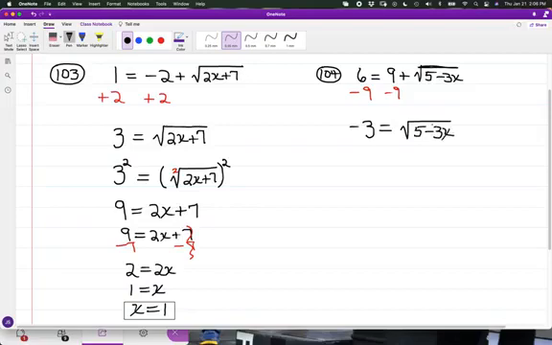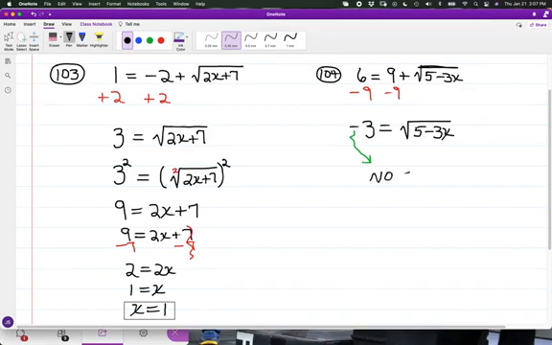Again, we have another even root radical. With the principal square root rule, the even root of an expression cannot reduce to a negative constant. Because of this negative 3, we're trying to reduce the square root of 5 minus 3x to a negative constant, and this is going to violate the principal square root rule.